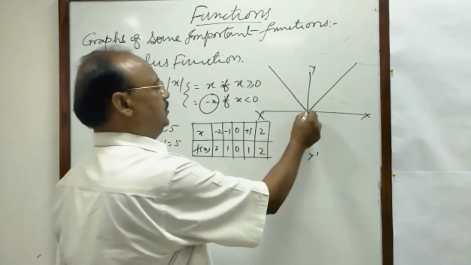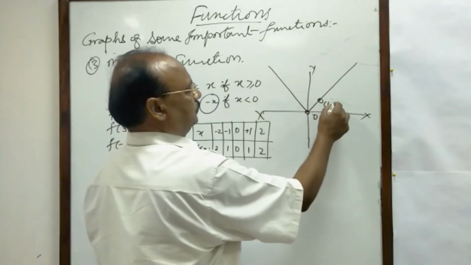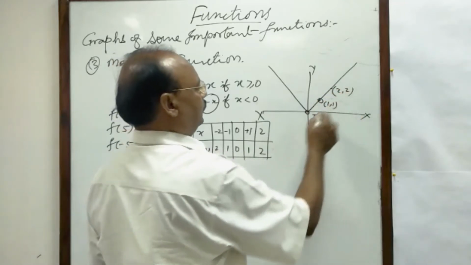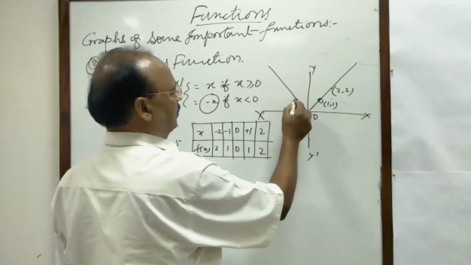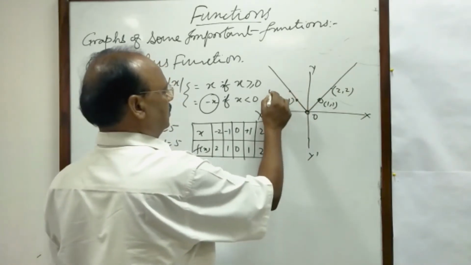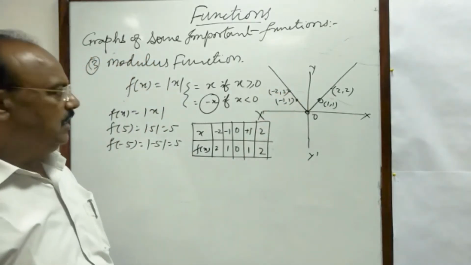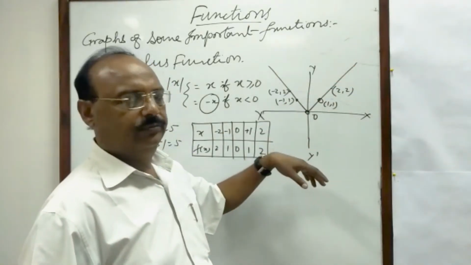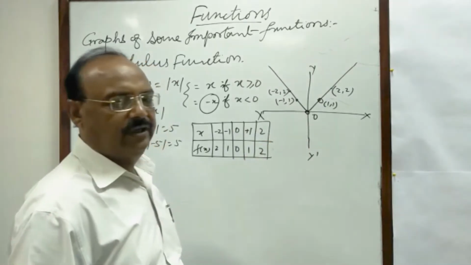Here the point is (0, 0), here the point is, suppose, (1, 1), here (2, 2), here (-1, 1), and here (-2, 2). So the graph of the modulus function is in a V shape passing through the origin.